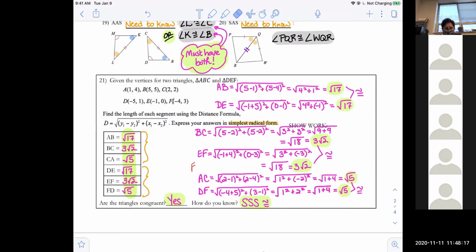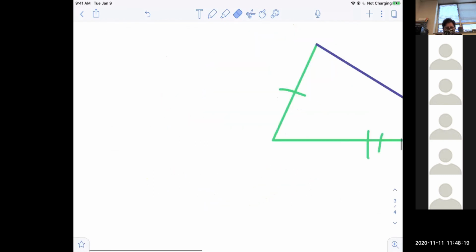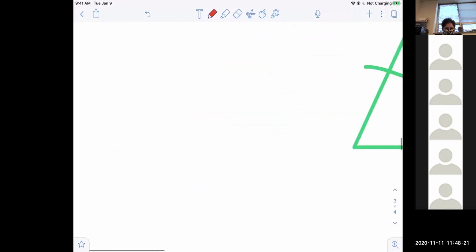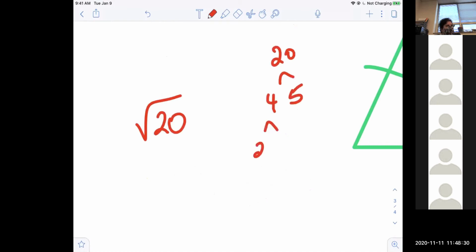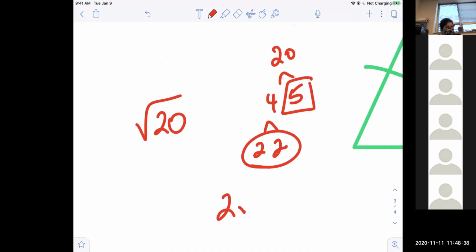Okay, so let's say it's like square root of 20. There are 2 ways you can do that. You can either do a little factor tree, so like 4 and 5 and 2 and 2. And then remember, the partners come outside. So a 2 comes on the outside, and then you have a 5 left over, so it stays underneath the radical.